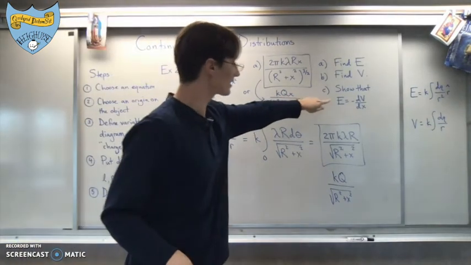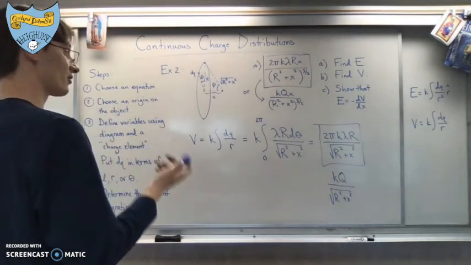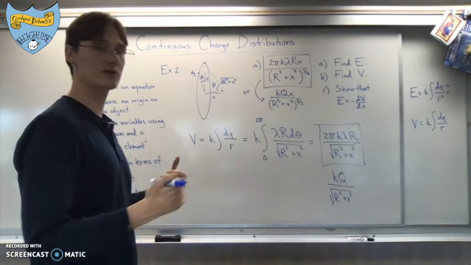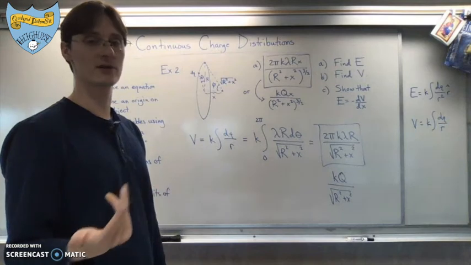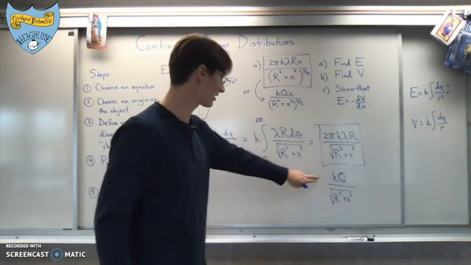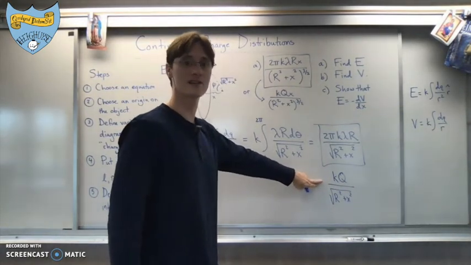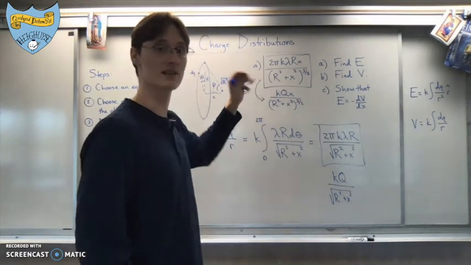The last bit that I want to look at with this question is, it says, show that the electric field is the negative derivative of the electric potential. I'm also going to show this one in sort of a stop motion kind of a thing. But basically, I'm just going to take the derivative of this, which will involve quotient rule, and then show, oh look, it's the same as that.